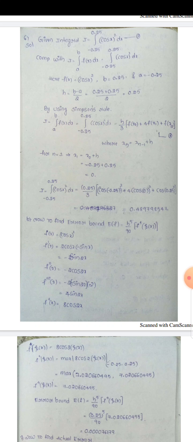The modulus of the fourth derivative of xi of x equals the maximum of 8 cos 2 xi of x over minus 0.25 to 0.25. Substituting, we get 1.020660405, 7.020660495. Of these two, if we take the maximum value, the fourth derivative of xi of x equals 7.020660495.